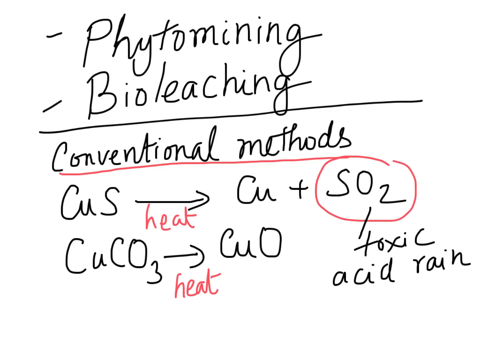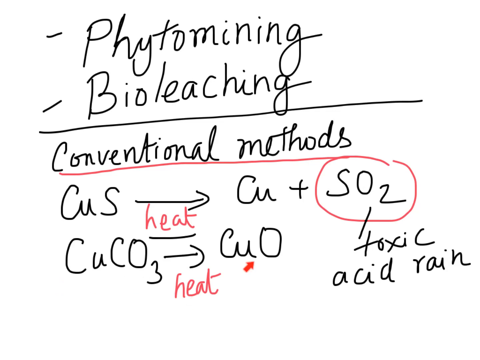So it has these environmental issues. It involves heat, which increases cost, and it's not an energy efficient way of extracting copper, but it is still manufactured in this way because it's still profitable to the companies using that method. Another way we have looked at is from copper carbonate ores.